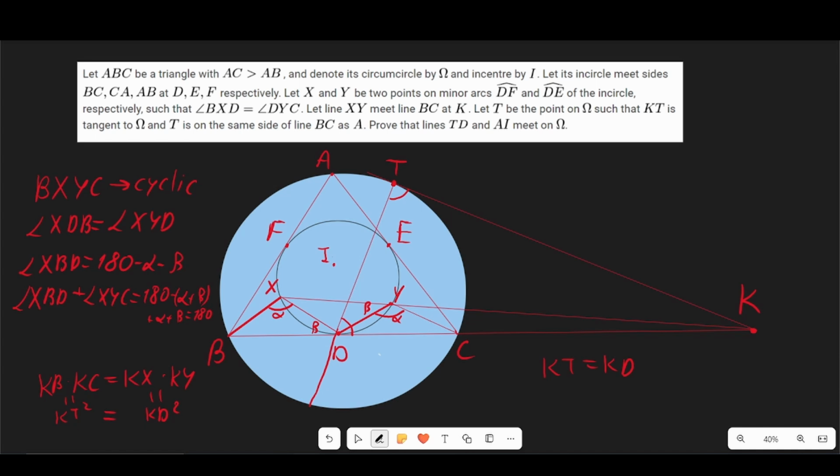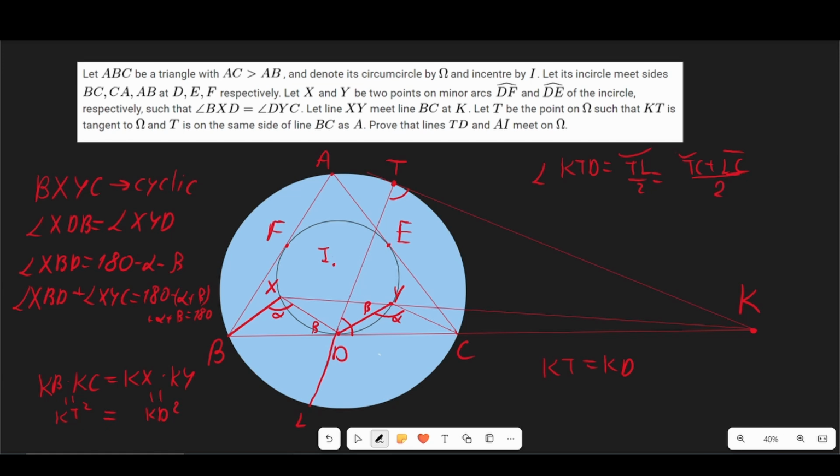And now, call this point L. Angle KTD is half of arc TL, so this is half of arc TC plus arc LC, that is, (TC plus LC) over 2.